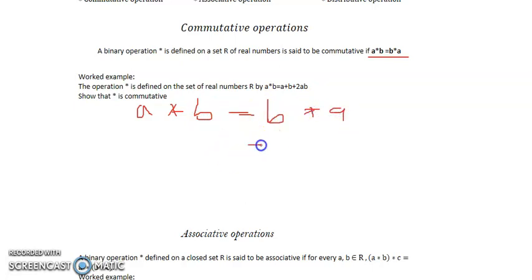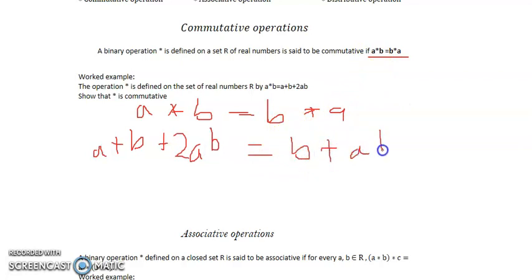Now, what do we get? The values of A and B interchange. So you get here A plus B plus 2AB, and here too, this becomes our A now, and this becomes our B now. So this will be B plus A plus 2BA. We can't deny the fact that this and this are equal.